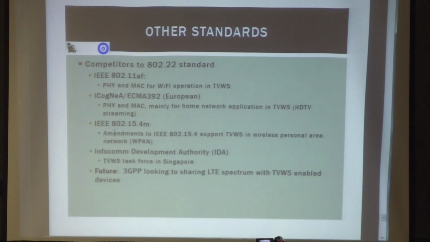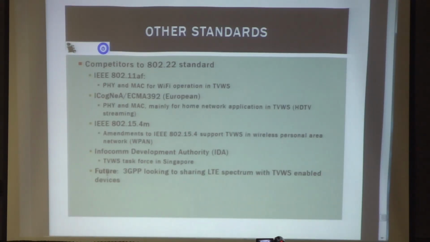And there's also an amendment to the Zigbee standards, which is 802.15.4m, to try to support TVWS. So instead of being completely replaced by TVWS, they're trying to amend their standards to coexist with the TVWS standards. And of course, there are different standards in Singapore.